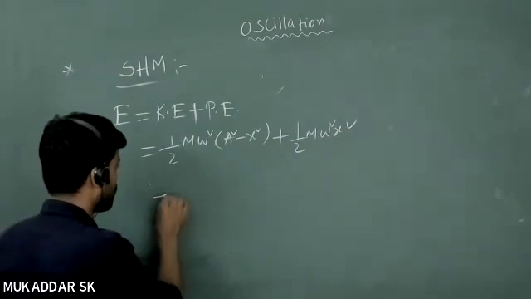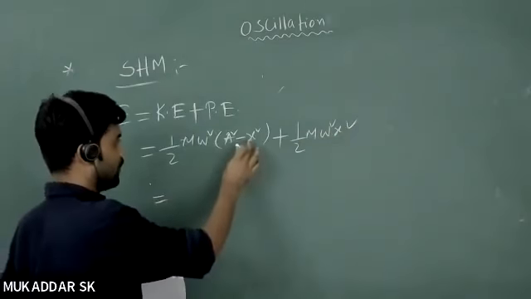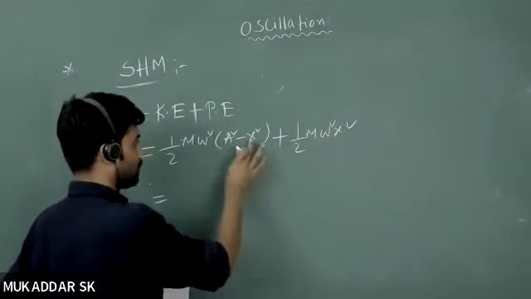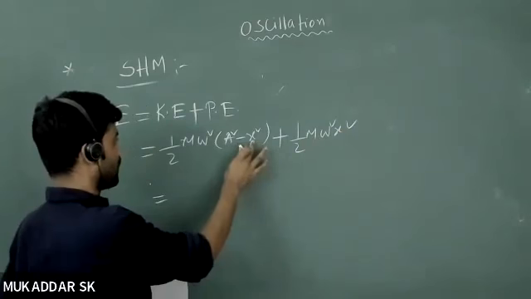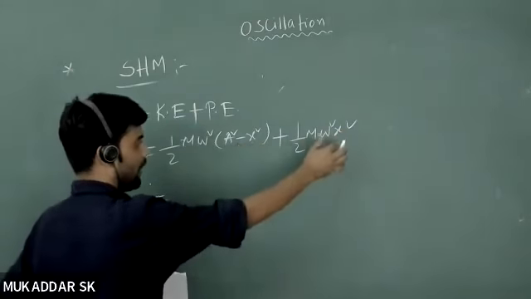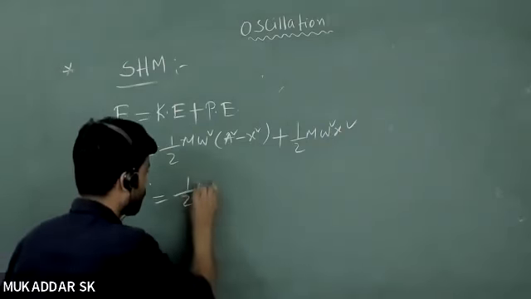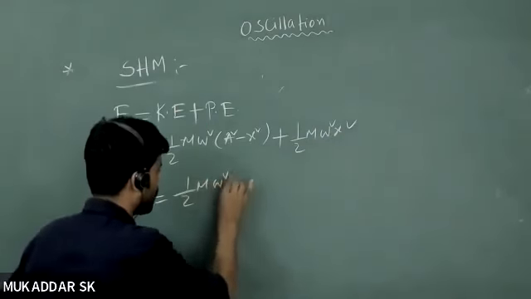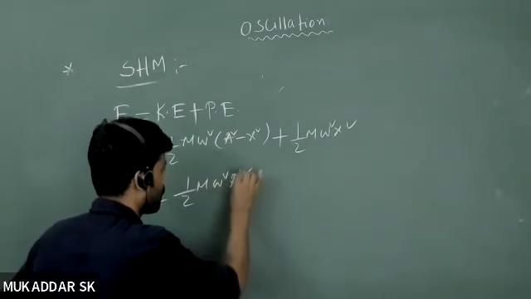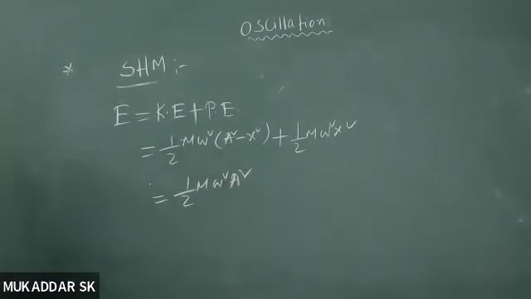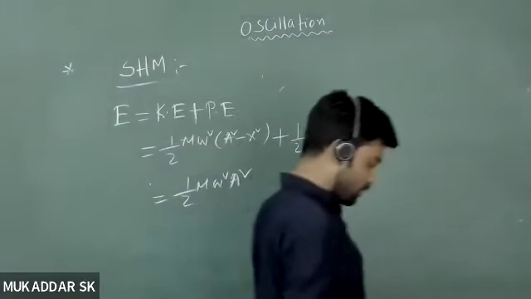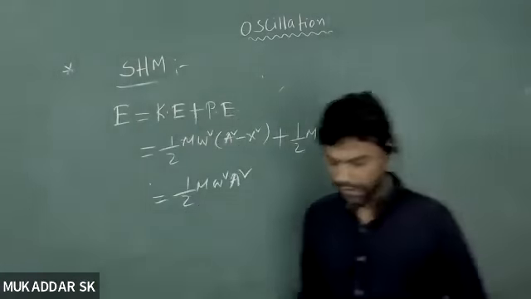If we add them, it is clearly noticeable that this term will cancel: minus m omega square x square by 2 cancels with this term. So you basically get half m omega square A square. So the total energy of your oscillator is always constant, and this is actually the ideal case.